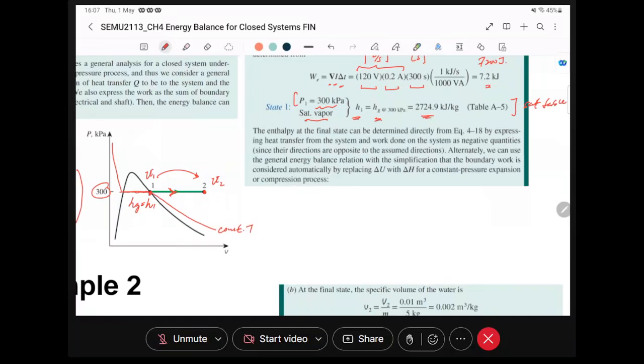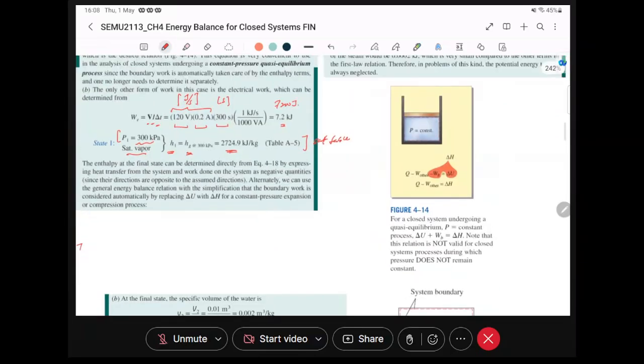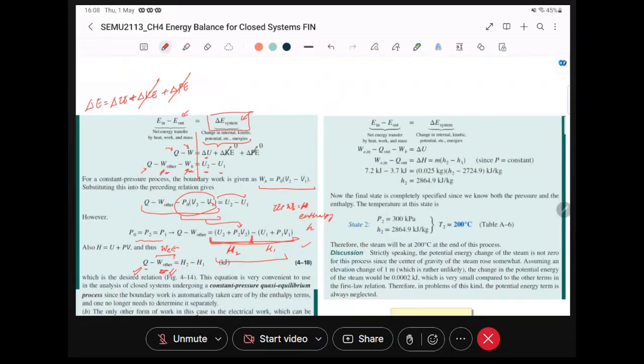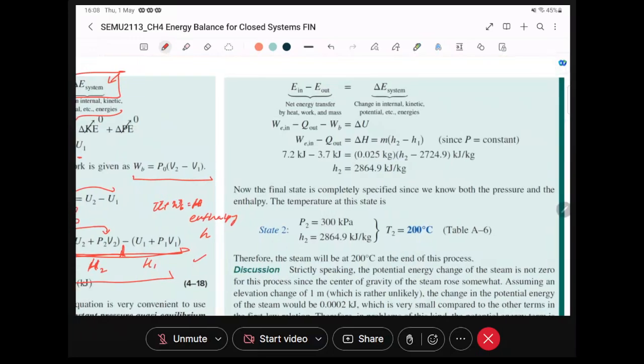So then you have this value. Then we can substitute into the equation here. We plug this in, the mass we know the value, the question already gives us. So this, we just find out.